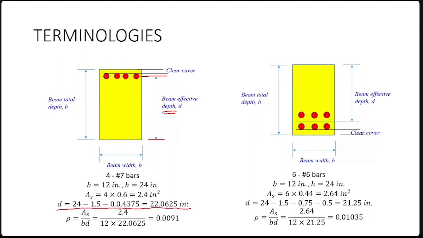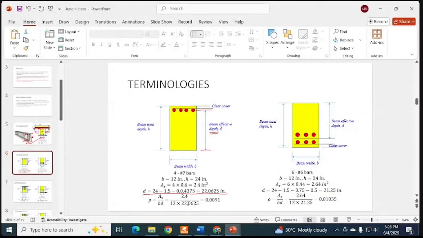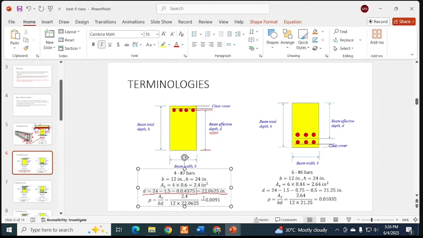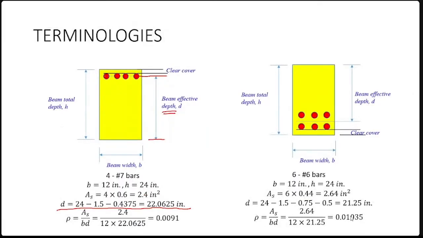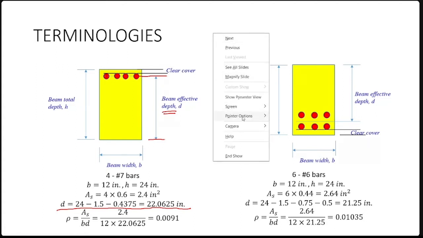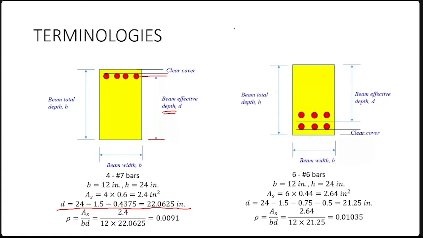You should take a calculator and see for yourself. When you calculate the effective depth for this beam, how do you get it? You know the total depth is 24 inches.